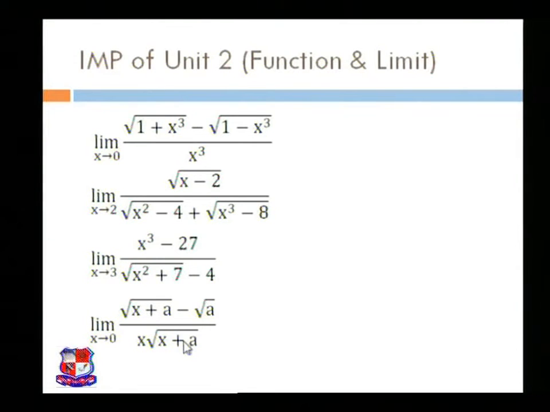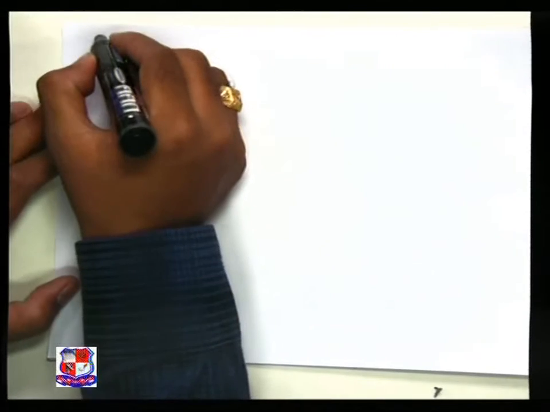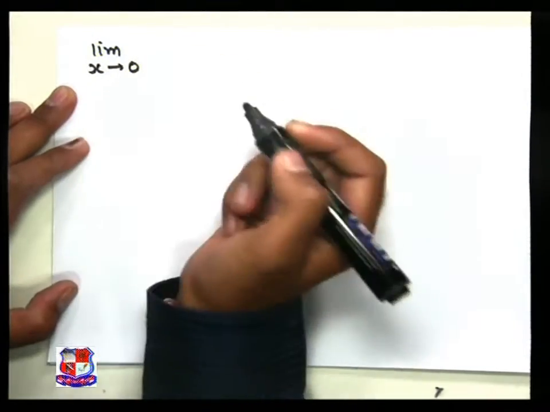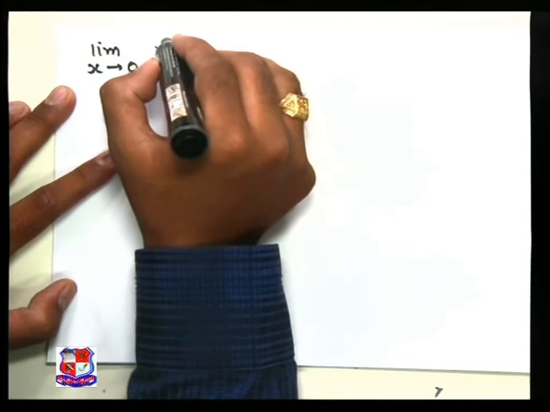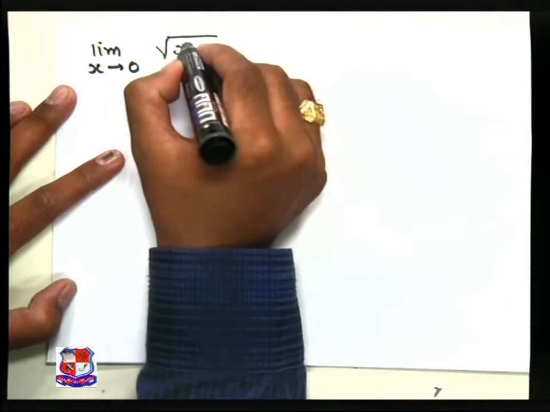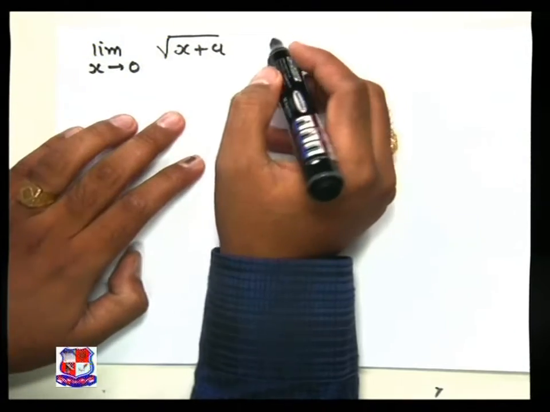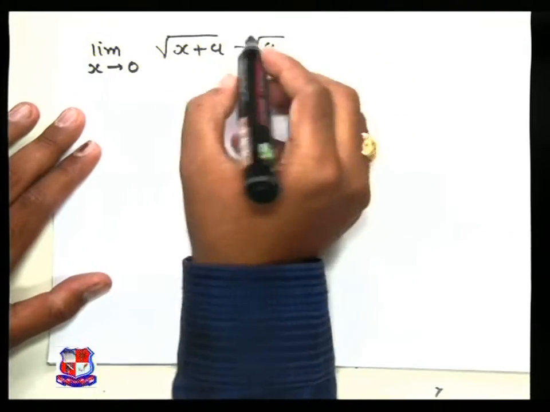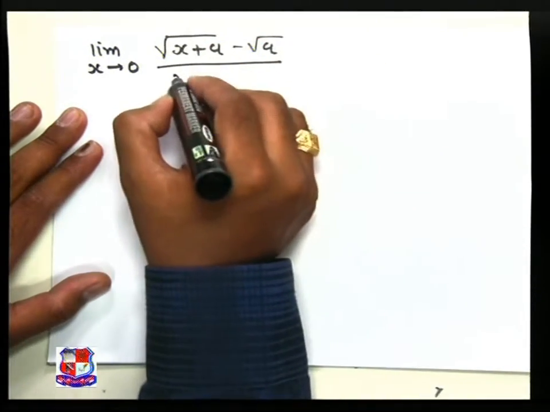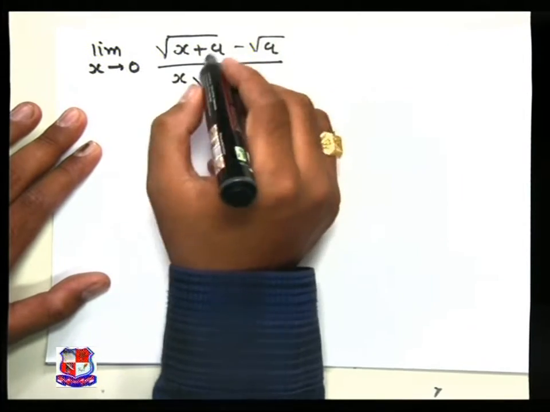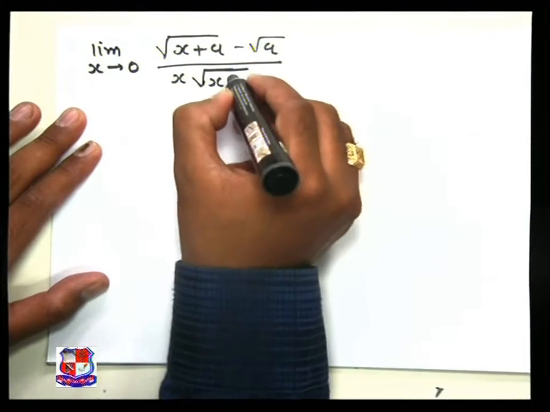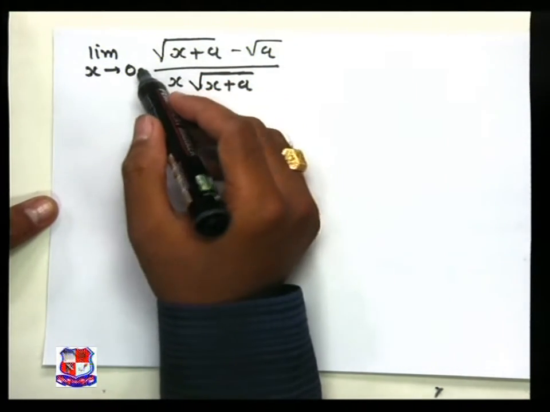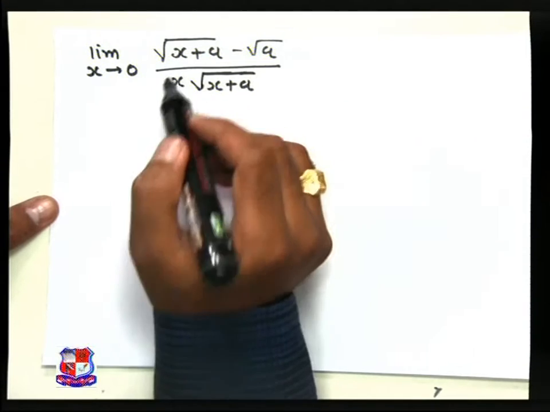So we write it first here, limit x tends to 0, under root of x plus a, minus under root of a, divided by x under root of x plus a. So again we check whether we can directly replace our limit to this sum or not.